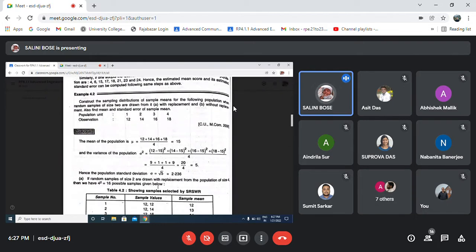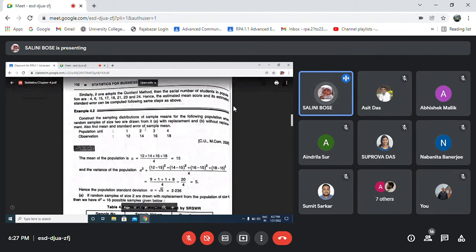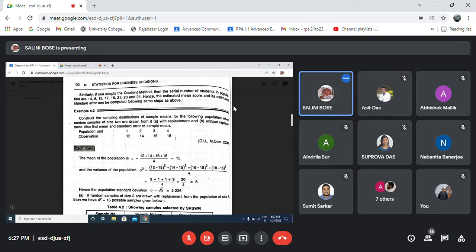So your first sample value may be 12, 14. Then maybe 12, 16. Then maybe 12, 18. Next, suppose you're starting with 14, so it will be 14 comma 16 and 14 comma 18, right?